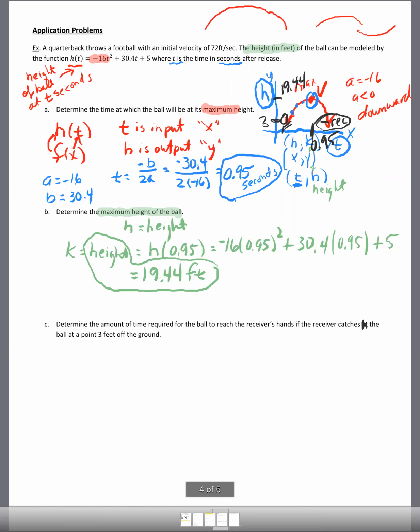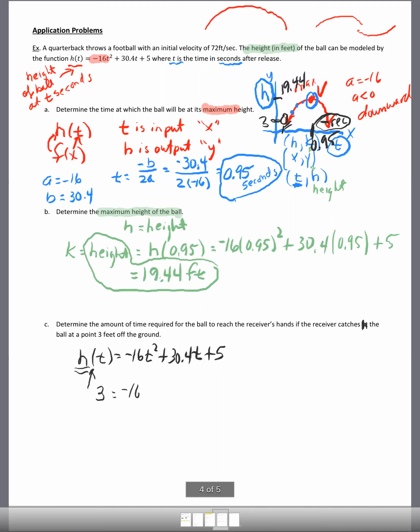So what you and I need to do then is go back to our problem. Let me write it down. H of t was equal to negative 16 t squared plus 30.4 t plus 5. And this time, we know that the height of the ball when the receiver grabs it is 3 feet off the ground.